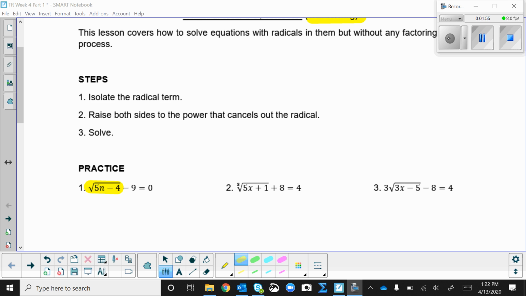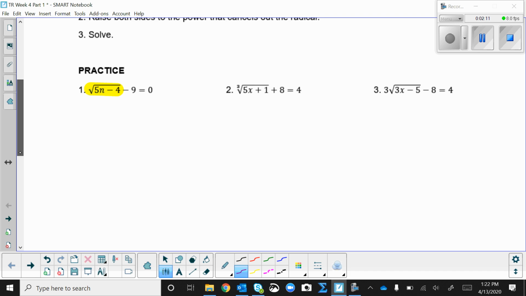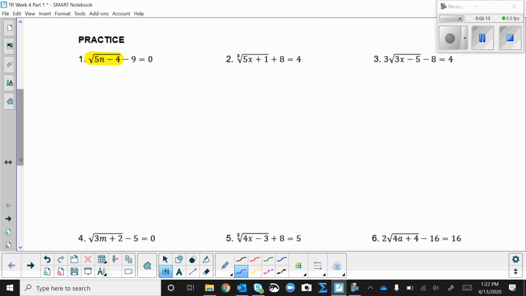So our first step is to get that highlighted portion all by itself, to isolate it. Well, what is with it right now on the left-hand side of the equation? It's the -9, right? So our first step is going to be to move the 9 to the other side so that the highlighted part is all by itself.